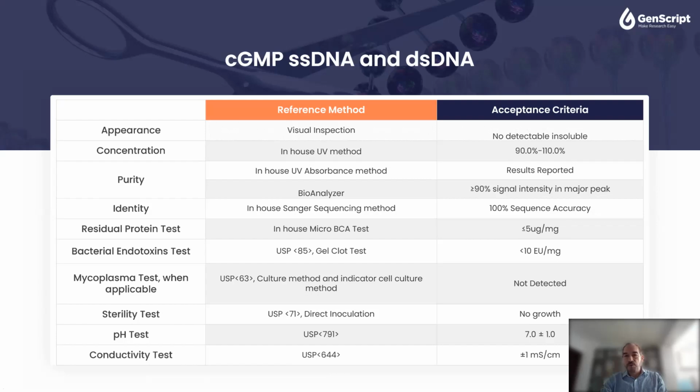With a specific purity report, over 90% signal intensity has to be in the major peak, over 100% sequence accuracy, very low residual protein, very low endotoxin levels, no detectable mycoplasma, absolutely sterile with no growth, pH testing within plus or minus 1 unit of pH 7, and very low conductivity.